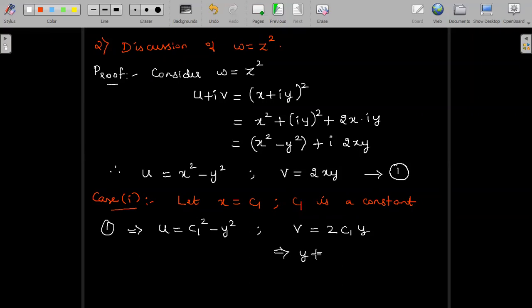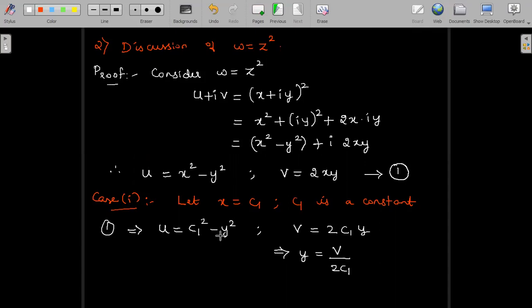So y is equal to v divided by 2C1, and let us substitute this value of y into the first one. Our aim is to eliminate x and y and have a curve completely with respect to u and v. I want to know the image in the w plane, and in the w plane, u and v are the coordinate axes. The u axis and the v axis are respectively the real and the imaginary axis.